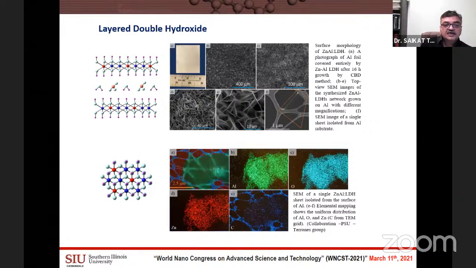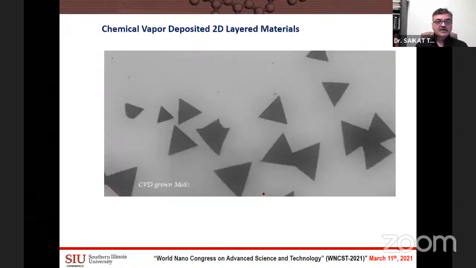Again, I will not be presenting too much of this, so just skip. And then we also produce CVD grown 2D layers, mostly few layers, and this is an SEM image of MoS2.